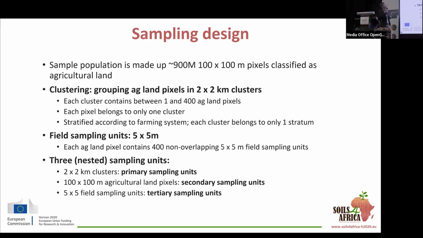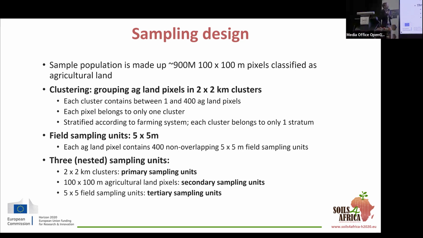And then we stratify these clusters according to farming system in such a way that each cluster can only belong to one stratum for our sampling design. And then our field sampling units, I already explained, are small blocks of 5 by 5 meters from which we took 4 samples, which means that each of these 1 hectare agricultural land pixels contains about 400 of these non-overlapping, that was important, non-overlapping 5 by 5 meter blocks.